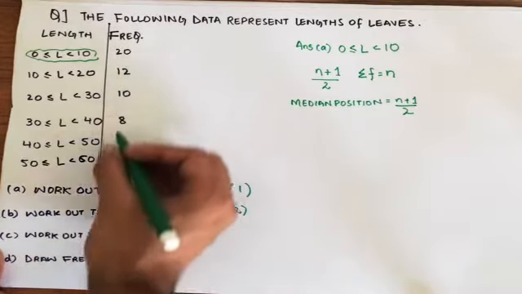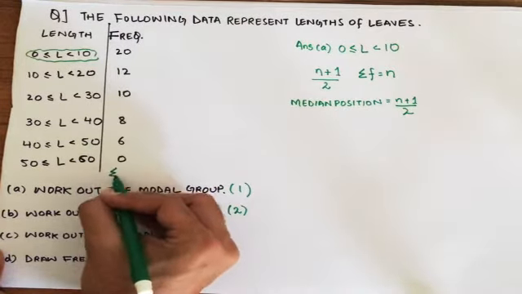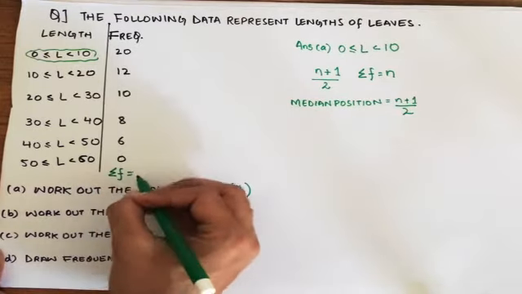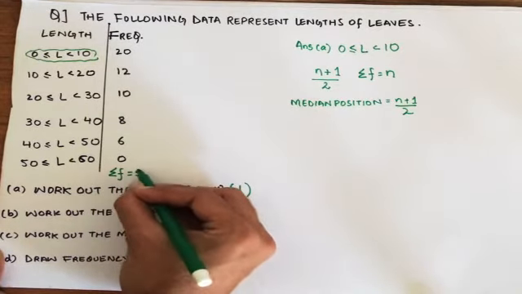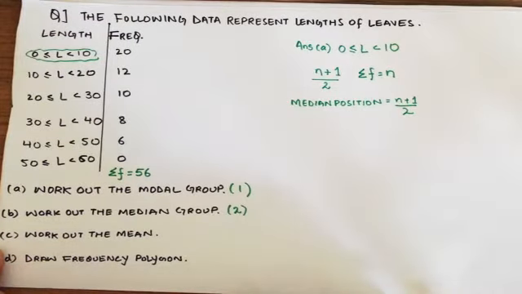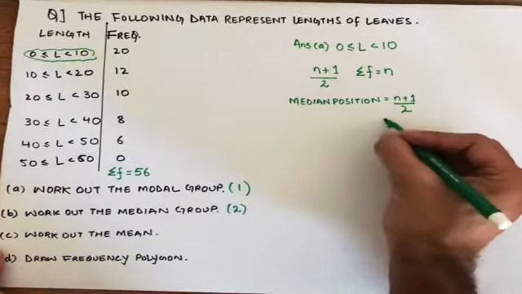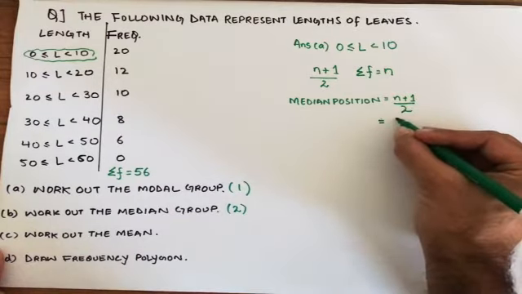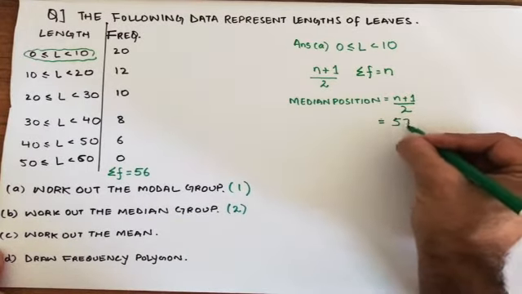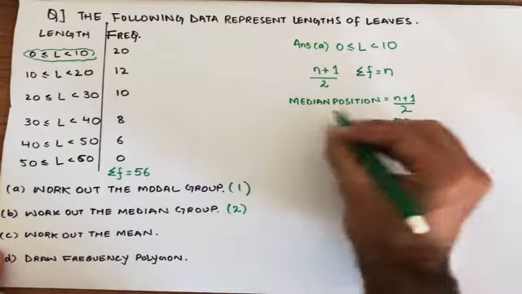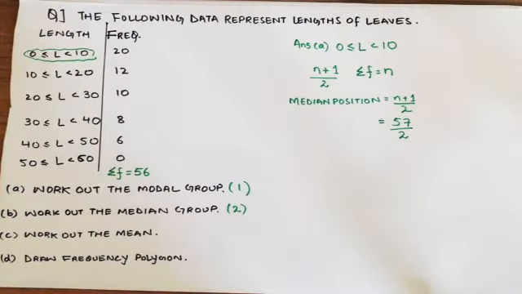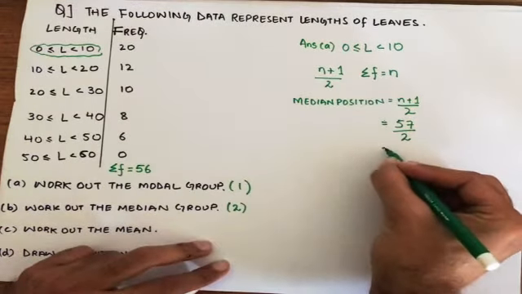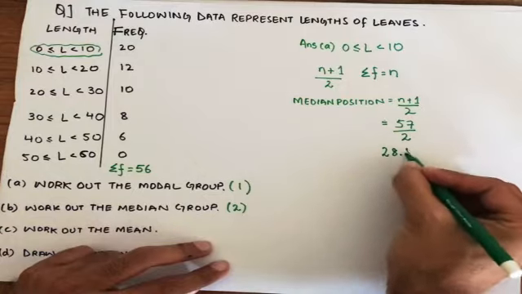So you need to find out the total of this. Summation f is equivalent to 56. So putting this in place of n, 56 plus 1 would give you 57 divided by 2. That would be your median position. Your answer is 28.5th.